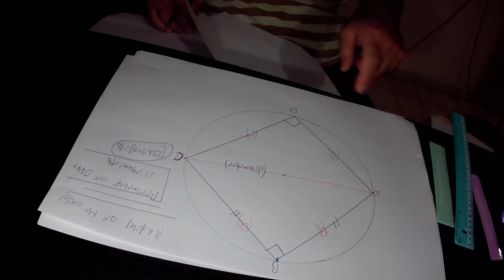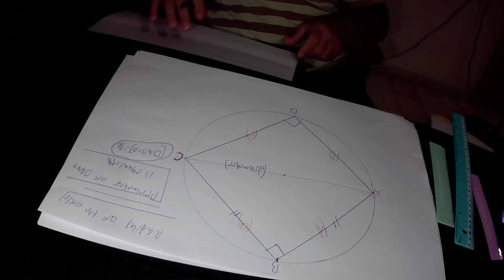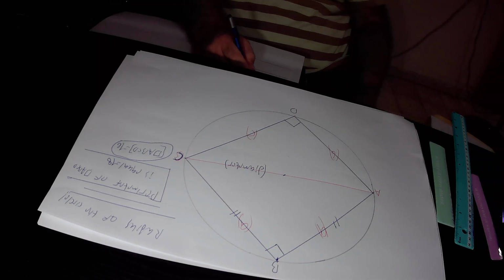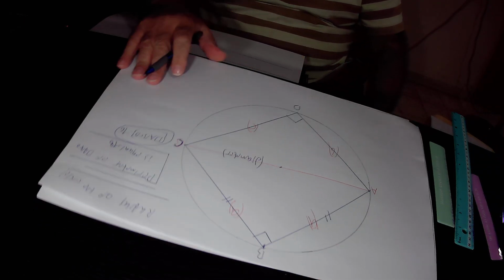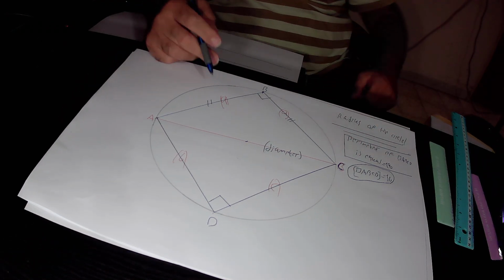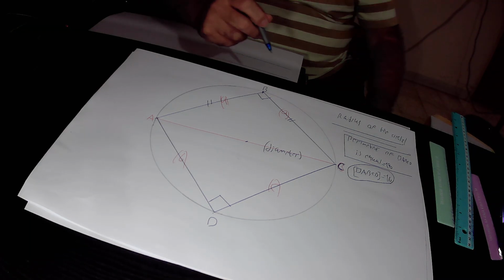AC is the missing side, so it is AC squared equals AB squared. AB is a, therefore AB squared is a squared, plus BC squared.